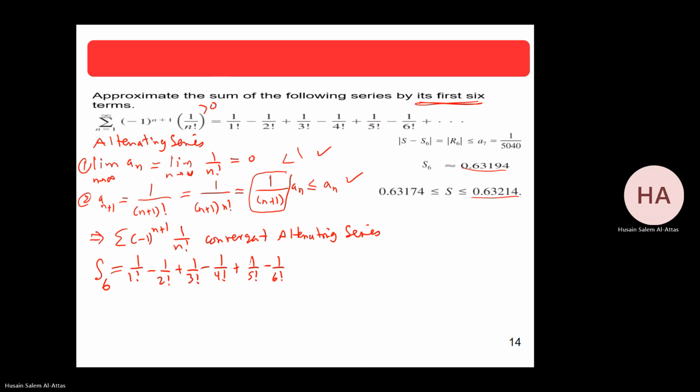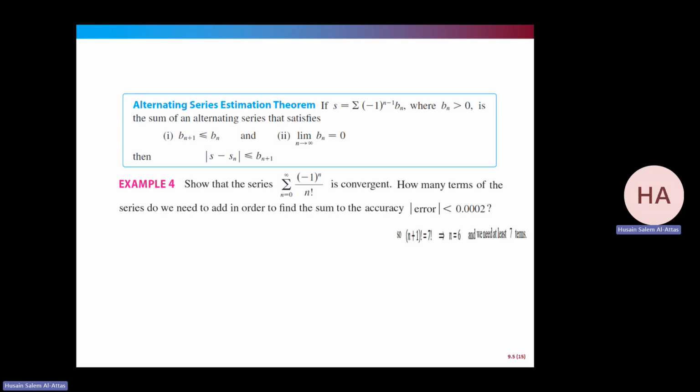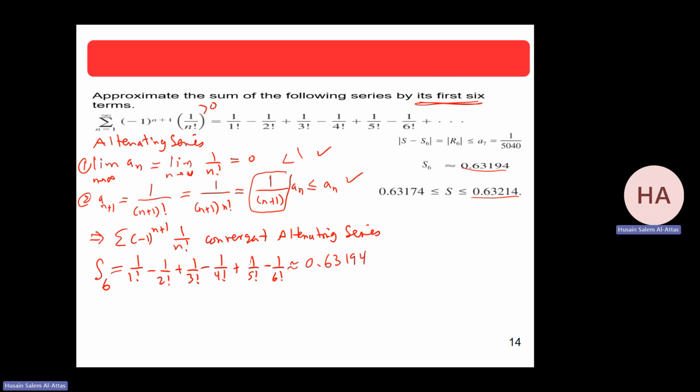By the way, if you do the calculation by the calculator, you're getting this value. For sure, you will not see something like this in the exam. You will see something like determine the number of terms, which we'll talk about, because you don't have a calculator to do that.